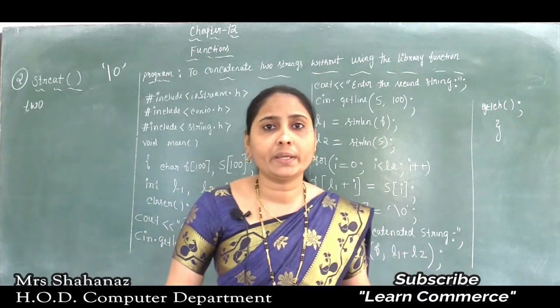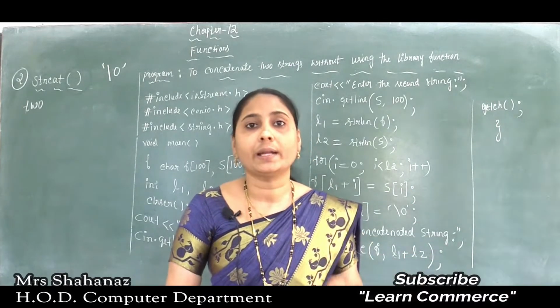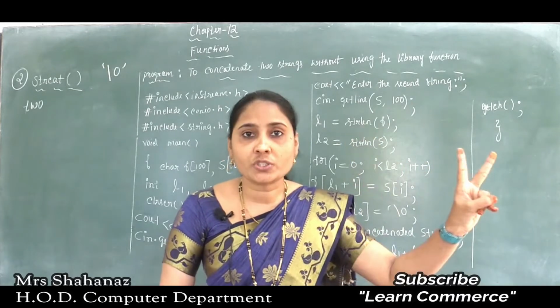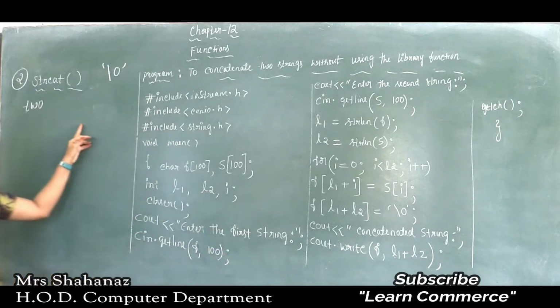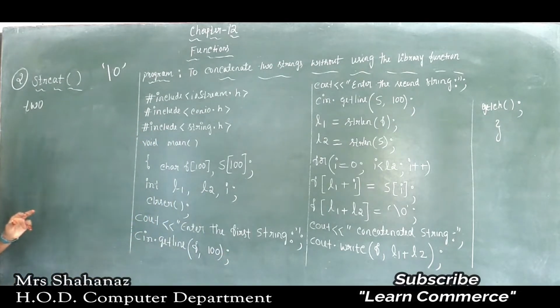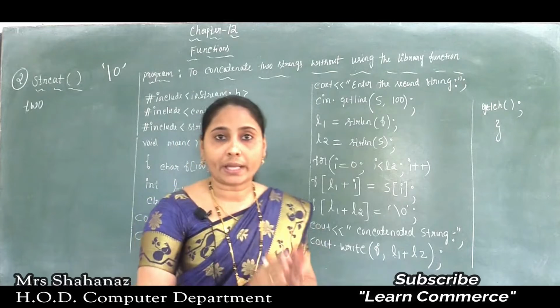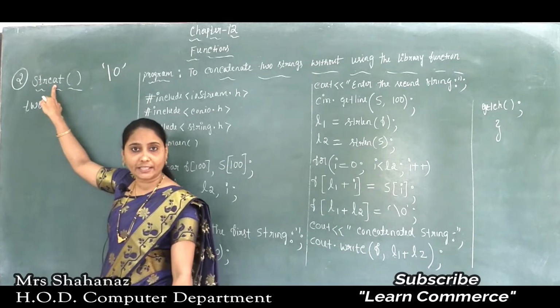What do you mean by concatenate two strings? Very simply, the process of joining or combining two strings together is known as concatenation. The spelling is C-O-N-C-A-T-E-N-A-T-I-O-N.